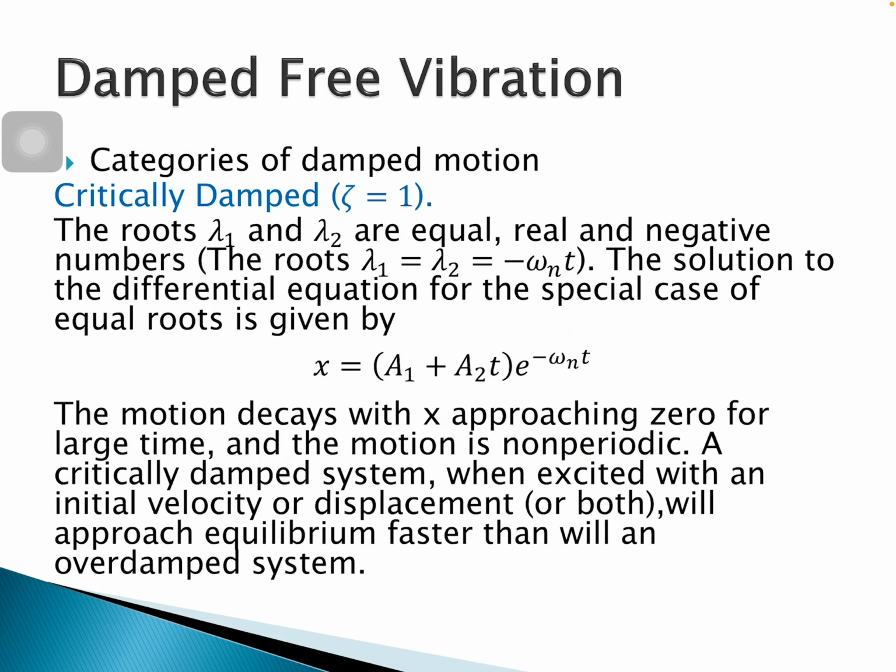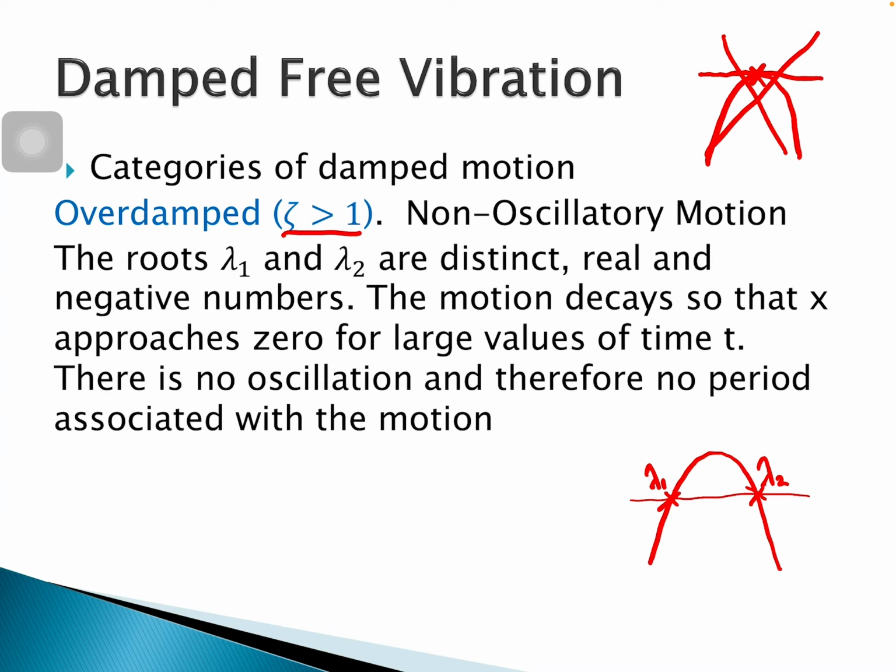We have another category of damped motion, which is critically damped, or critical damper, where zeta is equal to 1. Previously, zeta was bigger than 1. So that is the importance of zeta.